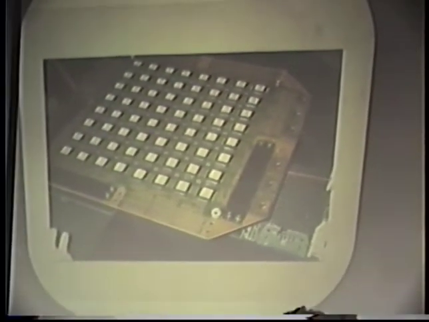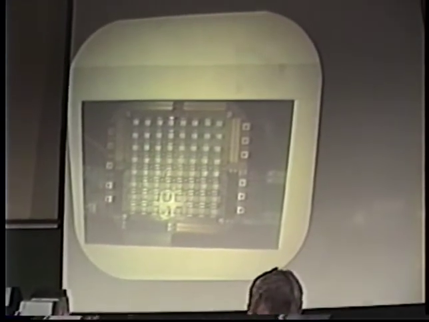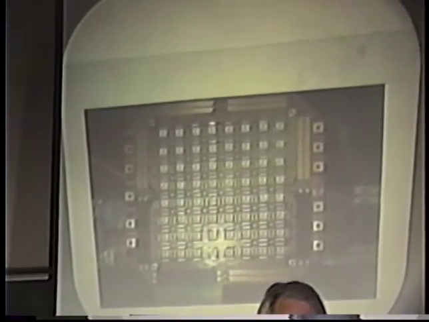Now, I've already shown you that other picture, but do any of you have any idea why this board has such a strange shape? Why are the corners here notched? This is not maybe as good a picture as this one I showed you before. Have you ever seen a board like that before?